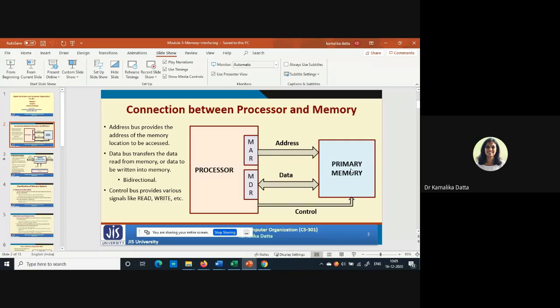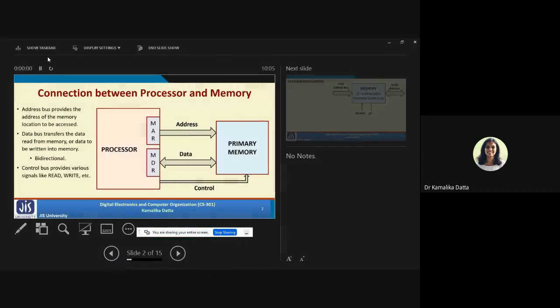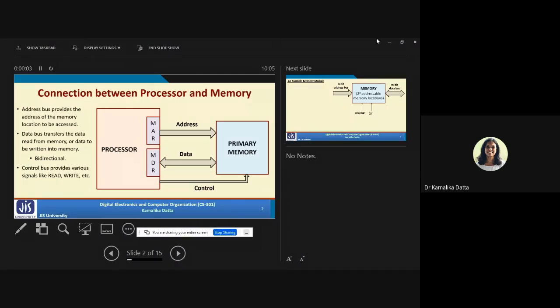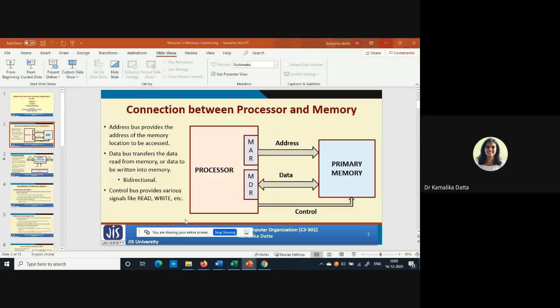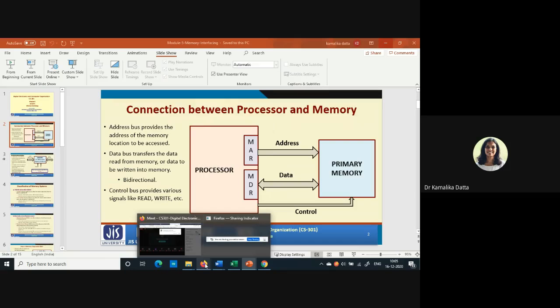What is memory? You already have seen this diagram. Let us revisit this once again. What is the connection between processor and memory? You know that you have certain registers in your processor that are used to interface memory.